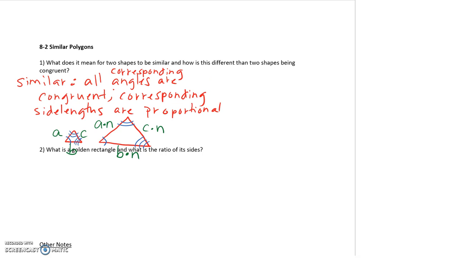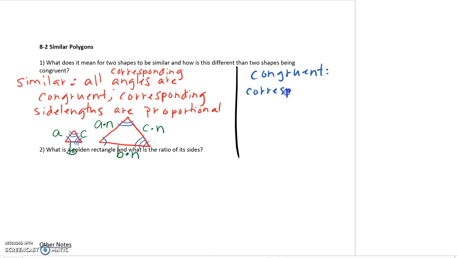On the other hand, if I talked about congruent things, then all of the side lengths and all of the angles would measure exactly the same.